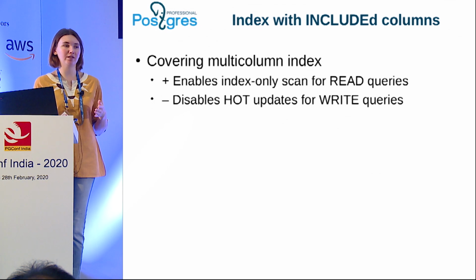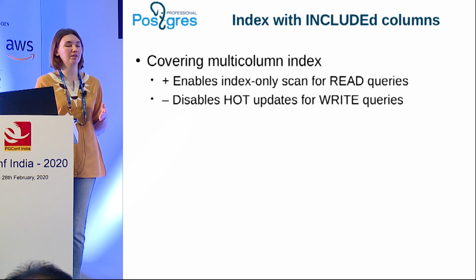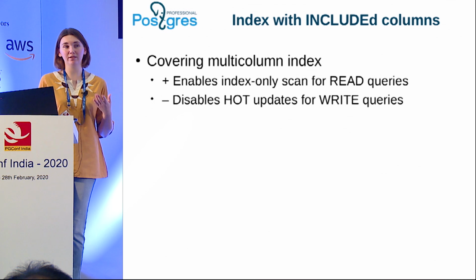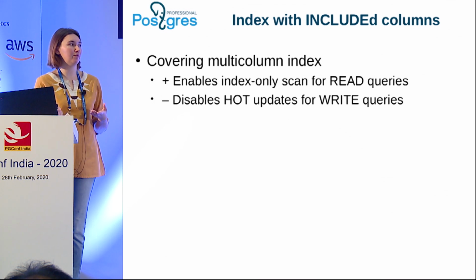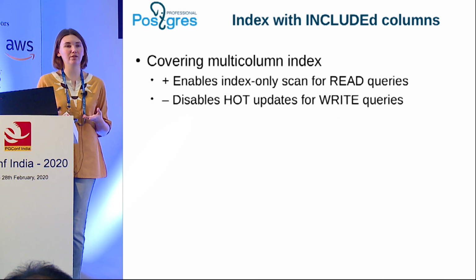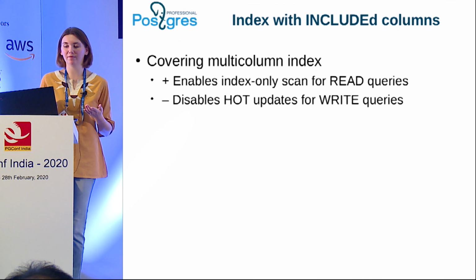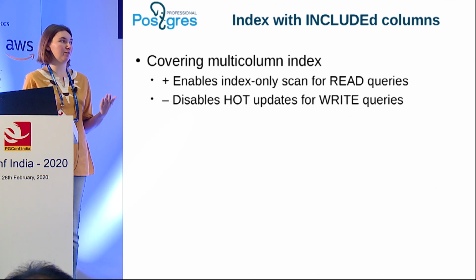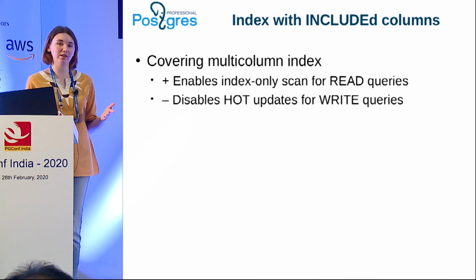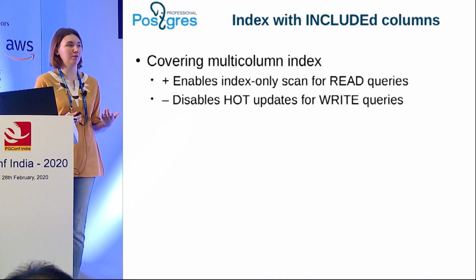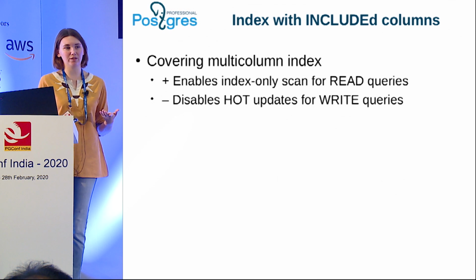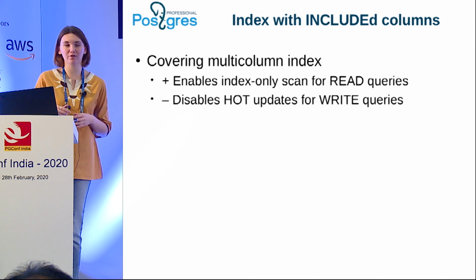Because if you have a multi-column index or an index with included columns, those columns are indexed, and you cannot use HOT updates anymore. And here is the trade-off. You can choose whether you want your select queries faster, or you want your index smaller and your write queries faster. It's always up to the DBA to decide.